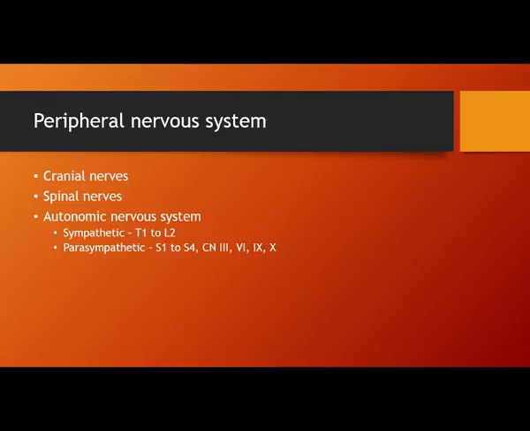Sympathetic, which is fight or flight, and that one is primarily controlled by the nerve roots from T1 to L2. And then the parasympathetic one is controlled by the nerve roots from S1 to S4 and cranial nerves 3, 6, 9, and 10.